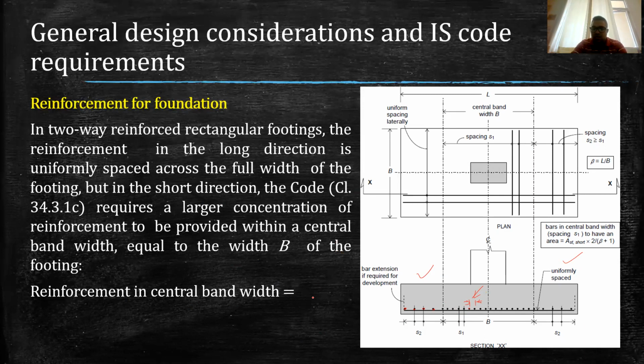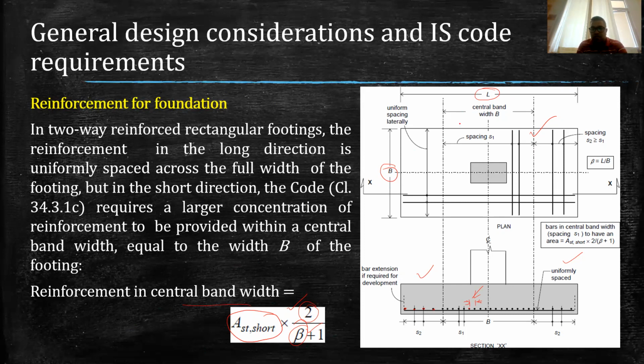So area of steel for this central band can be calculated by this formula: area of steel in the shorter span multiplied by 2 by beta plus 1. Now what is beta? Beta is the aspect ratio, which is, if this is the longer side of the foundation and this is the shorter side, L by B is known as beta. With the help of this formula, we can calculate the reinforcement in the central band.